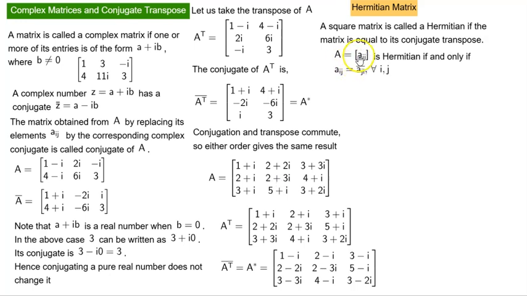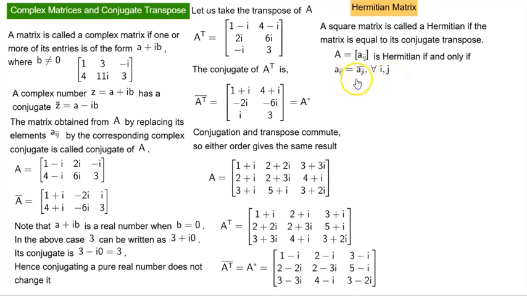Now, a matrix containing a sub ij is Hermitian if and only if a sub ij is equal to the conjugate of a sub ji, for all i, j.